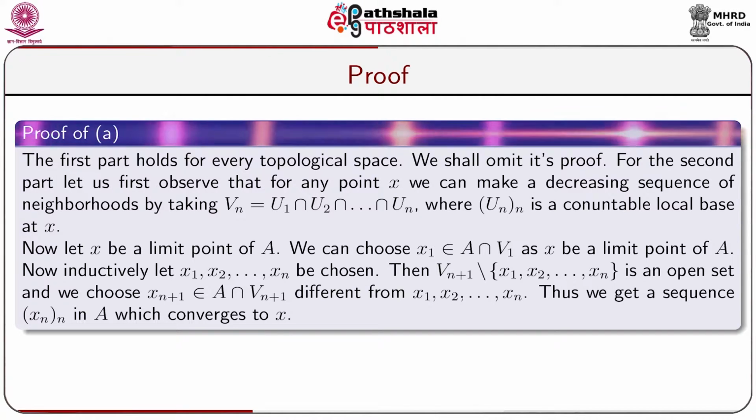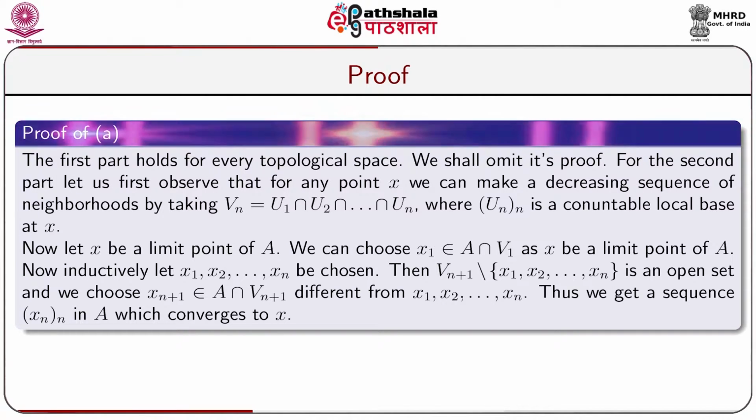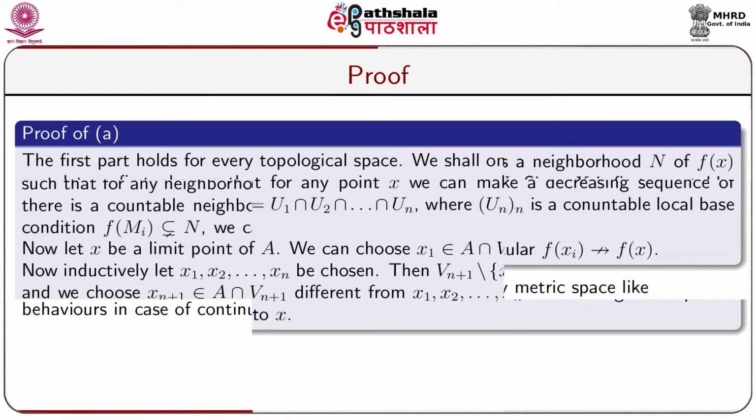Then as x is a limit point of A, this open set of course meets A. So we can choose another point in A intersection Vn+1 such that this point is different from x1, x2, ..., xn. Let us call this point xn+1. Thus we get a sequence xn in capital A which converges to x.